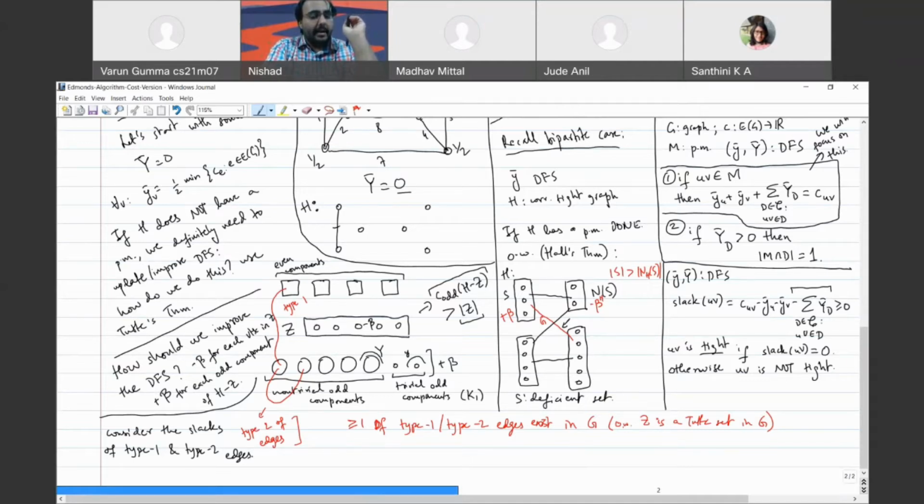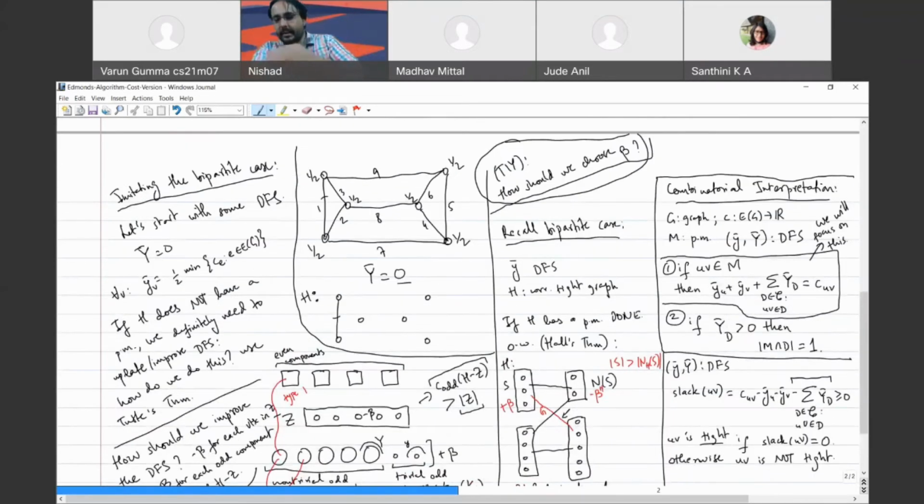We are adding beta on one side, and on the other side, in the even component, we are not making any changes. Right? We need to make sure that if there is any type 1 edge, the dual constraint for that edge is not violated. What is the dual constraint? Look at this one here. This is essentially the dual constraint with equality, but in the dual it's less than equal to, right? So it's yu plus yv plus the sum of all the capital Y's for the cuts containing that edge has to be less than equal to the cost of the edge uv.